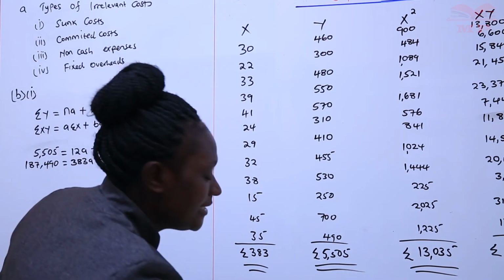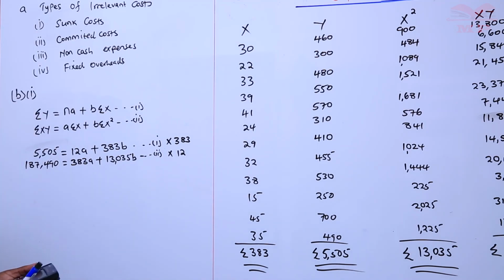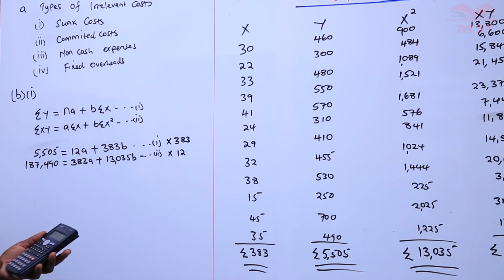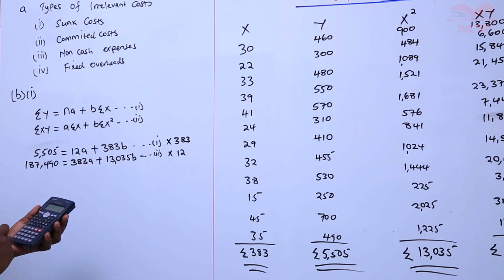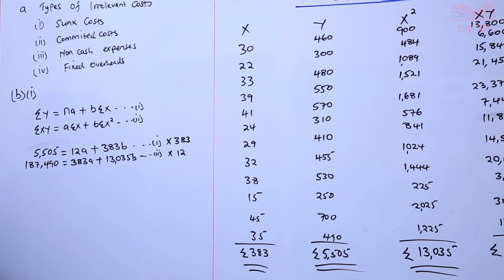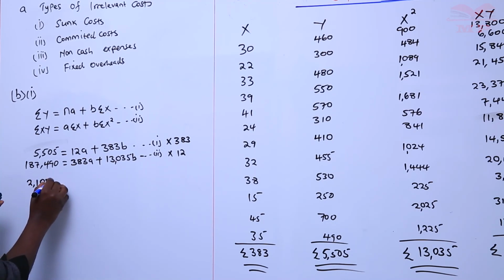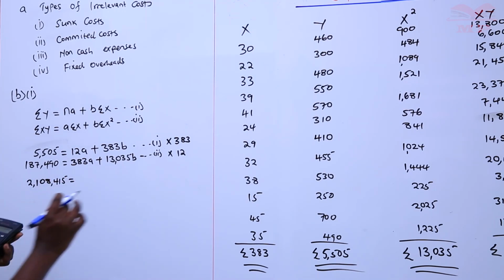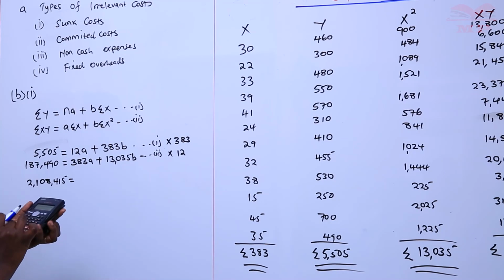So when we do this, this is affecting all the values in this line. So we are taking 383 and multiplying by 5,505. This will give us 2,108,415, which should equal 383 times 12.